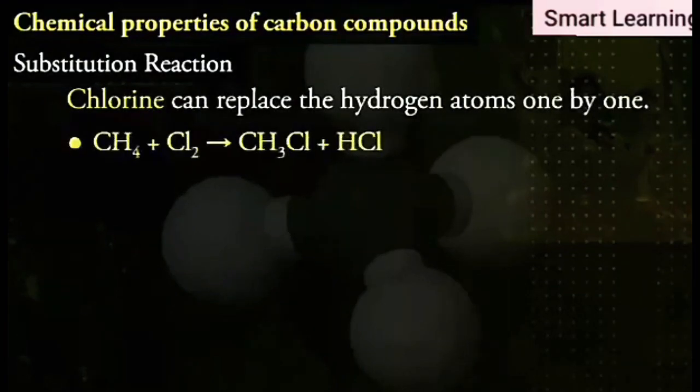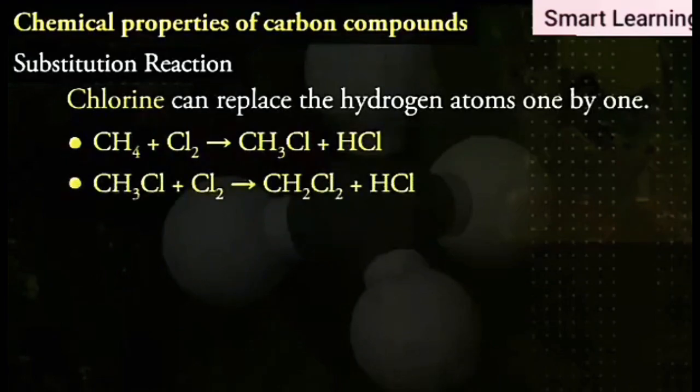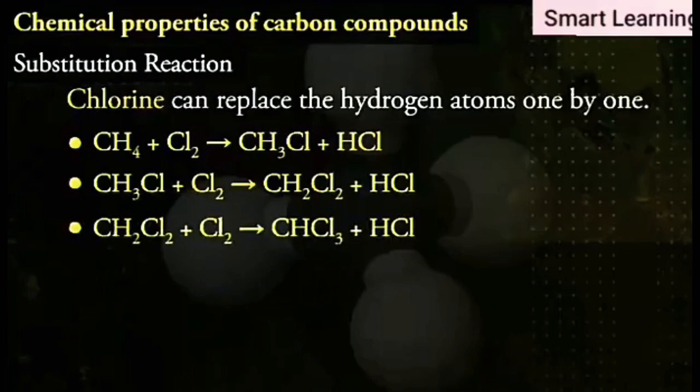CH4 plus Cl2 gives CH3Cl plus HCl. CH3Cl plus Cl2 gives CH2Cl2 plus HCl. CH2Cl2 plus Cl2 gives CHCl3 plus HCl.